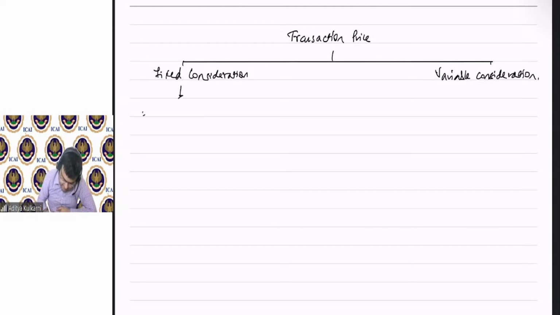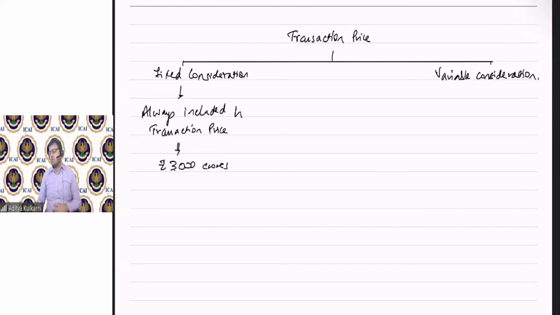Fixed consideration is always included in transaction price. That means in our example, this was 3,000 crores. This is always going to remain. This is always going to come to you. So you have to include it in the transaction price.